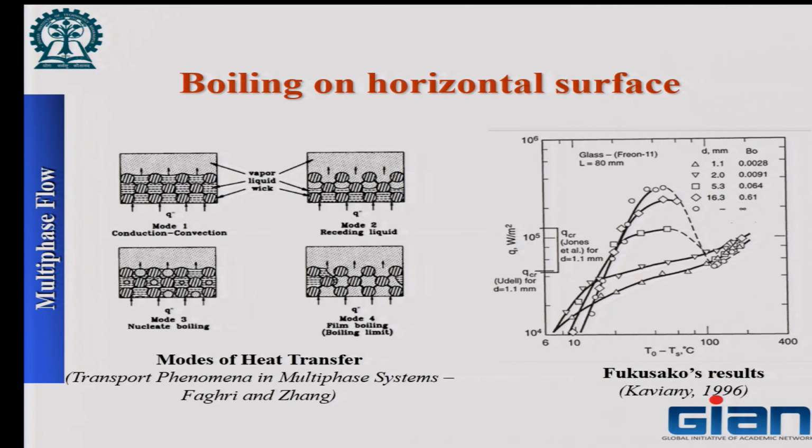If you think of these really low bond number ones, he was able to go like this. Clear? But at the same time, the critical heat flux is not going up, the maximum critical heat flux is still over here. This was for glass beads.